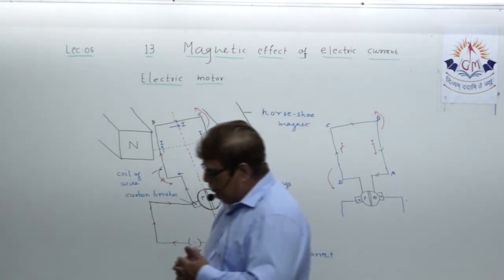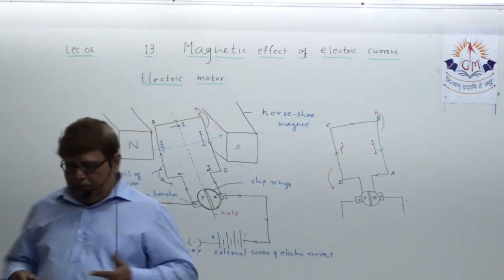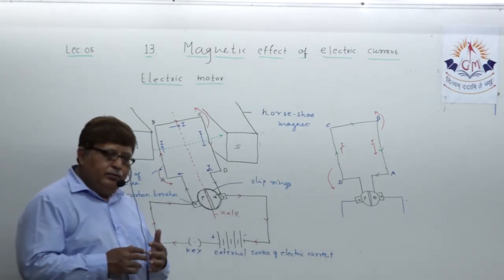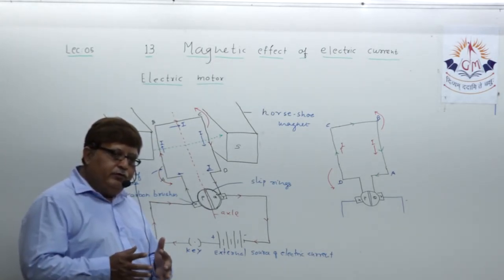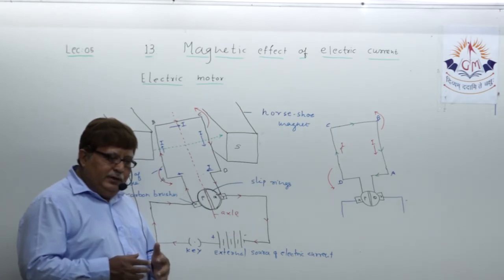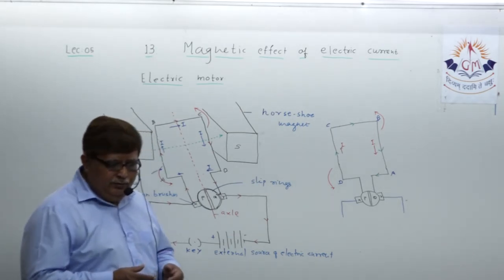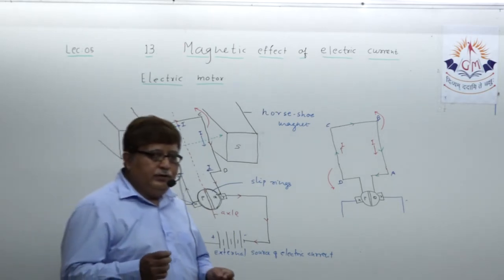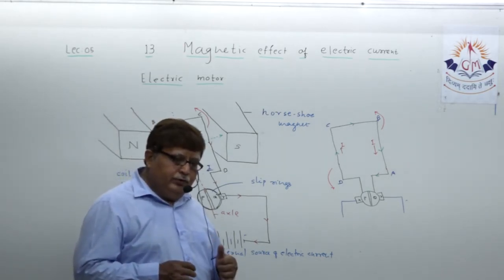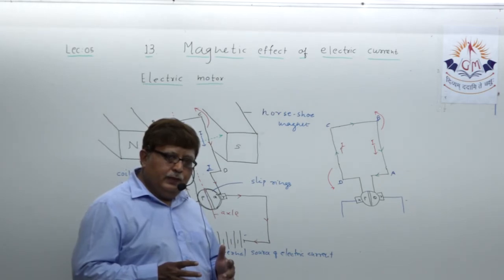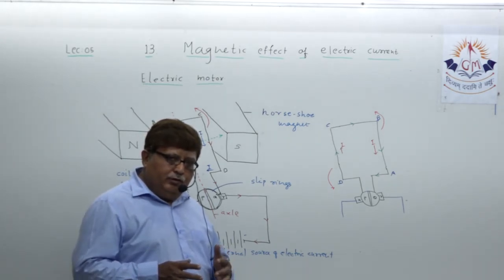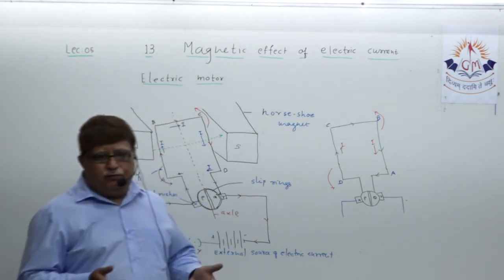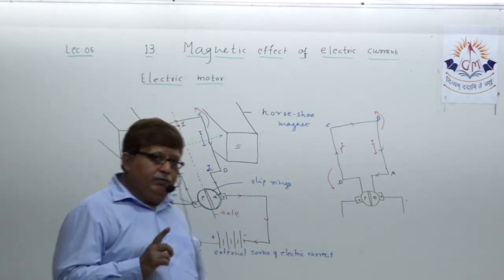Because the diagram is important, not to just mug up the short note, but to really understand the complete working. I do not want you ever to just draw a good diagram and mug up the short note. That's not the way.